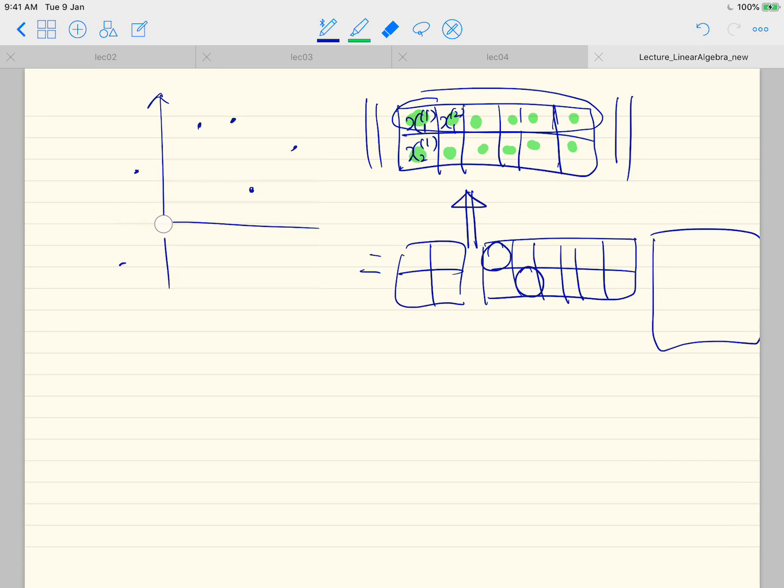Okay, so this is the new feature vector representation after centering preprocessing.